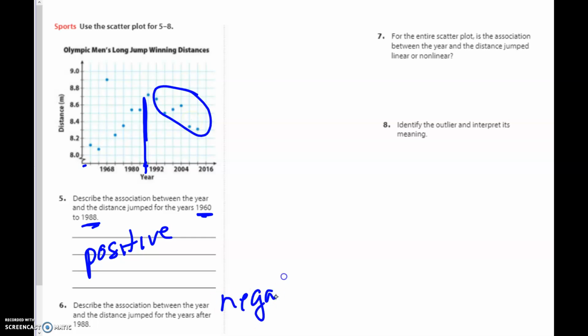Okay, what are we noticing about this association? It looks like it is a positive association because it's going up. Describe the association between the distance jump for the years after 1988. So after 1988, what happened here? Kind of looks like it is going down or it is a negative trend.